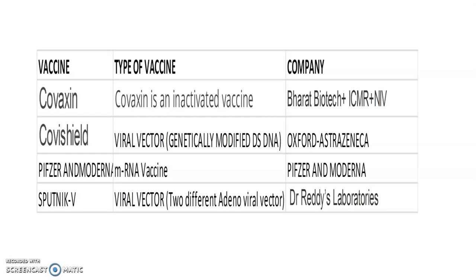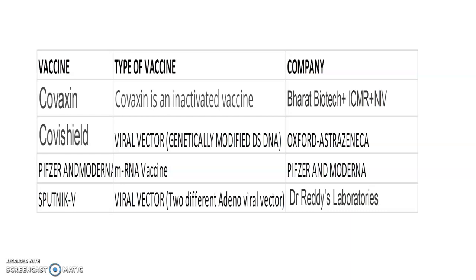The SARS-CoV-2 virus strain was isolated from an asymptomatic COVID-19 patient at the National Institute of Virology. Covaxin was developed by Bharat Biotech with ICMR, the Indian Council of Medical Research, and the National Institute of Virology. Here the virus is an inactive pathogen, so it does not cause the disease, but it generates the immune response. That is the major goal of Covaxin.